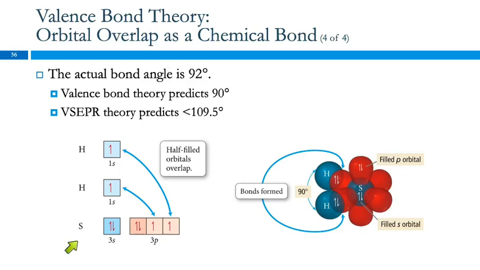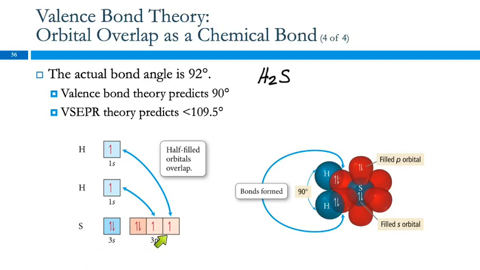So here we're going to look at H2S and see how this model would work. Here's sulfur, and again, we're only looking at valence electrons. Here's the orbital diagram for the valence electrons of sulfur. This should be familiar.